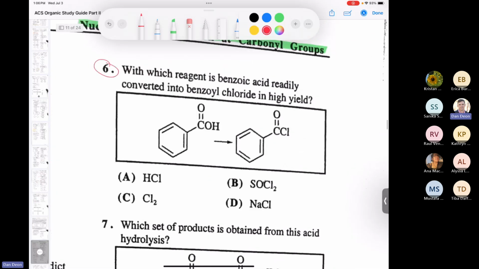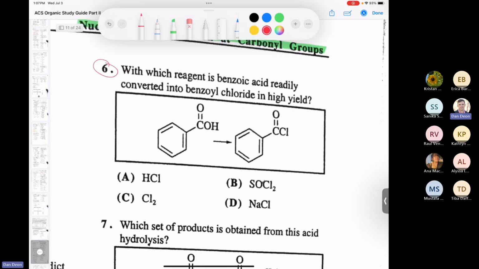Okay, so question number 6 would be another chapter 20 question. It says, with which reagent is benzoic acid readily converted into benzoyl chloride in high yield? If you remember, in the textbook, there is a mechanism provided for this reaction. However, I told you you did not have to know the mechanism.